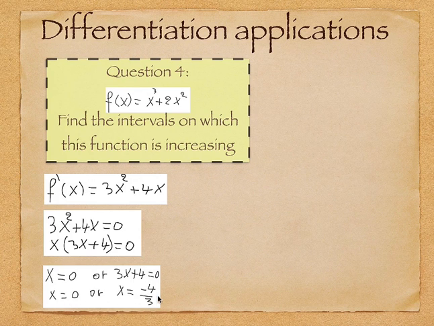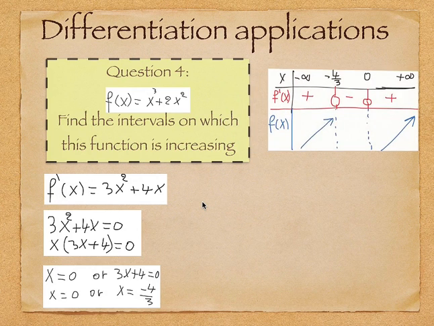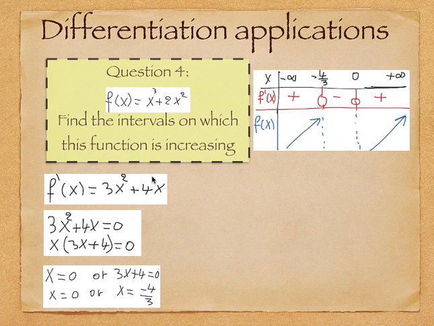Using these two values, we can find where the derivative is positive and where it is negative. Now, this is the table that summarizes the sign of f prime and where the function is increasing. We use the two values, minus 4 over 3 and 0, for the values of x.